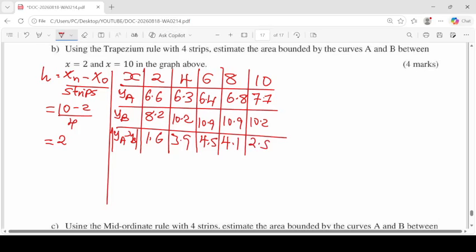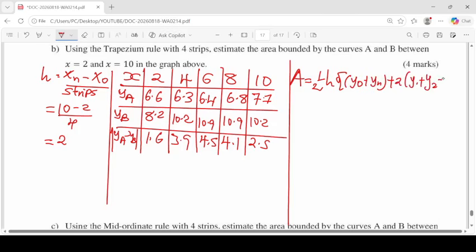After getting these as the absolute values, now we are going to apply the formula of calculating area using the trapezium method. We are all aware that area is given by a half h into y naught plus yn plus 2 into y1 plus y2 all the way.